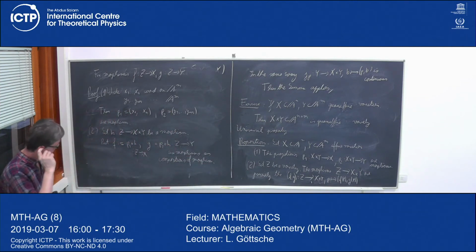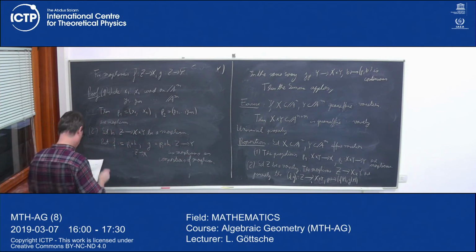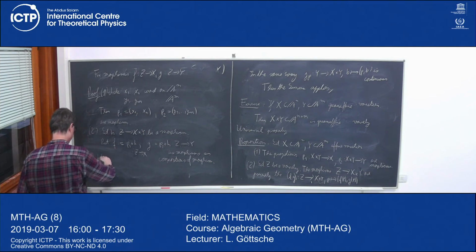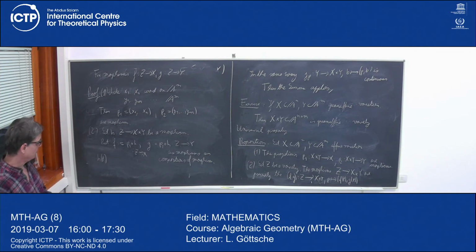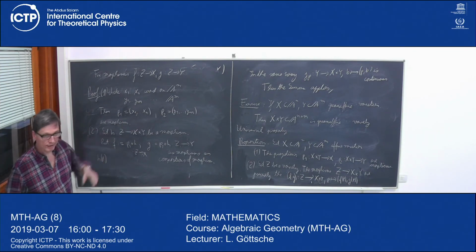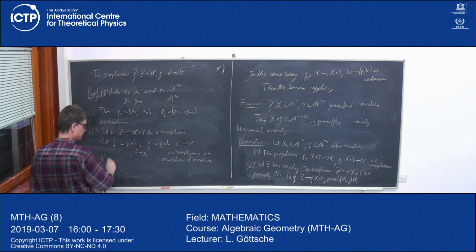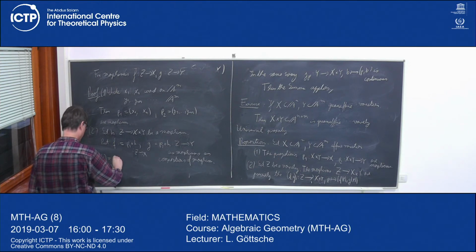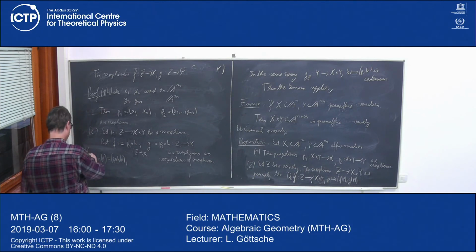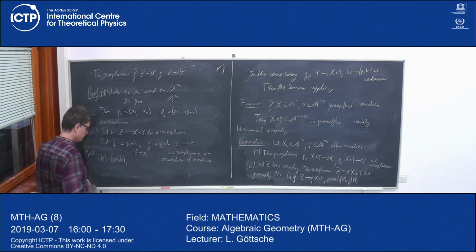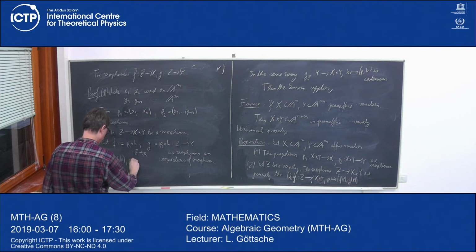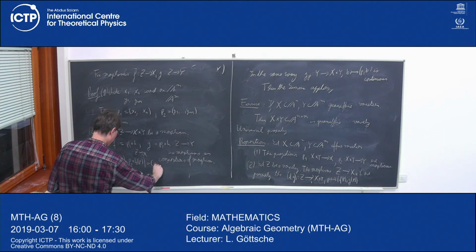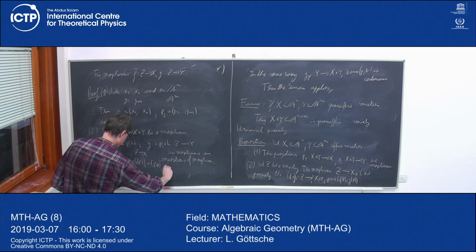So therefore, now if I look at h of p, what is h of p? It has two components, one in X and one in Y. So the first one is p1 composed with h of p, for all p in Z, and p2 composed with h of p, so equal to (f of p, g of p).